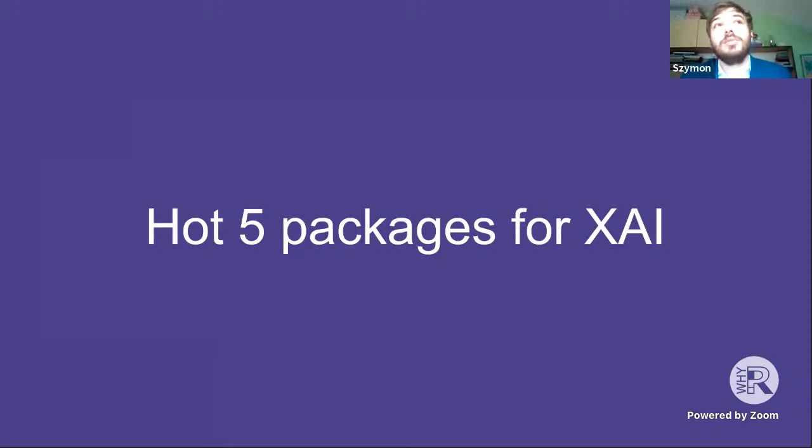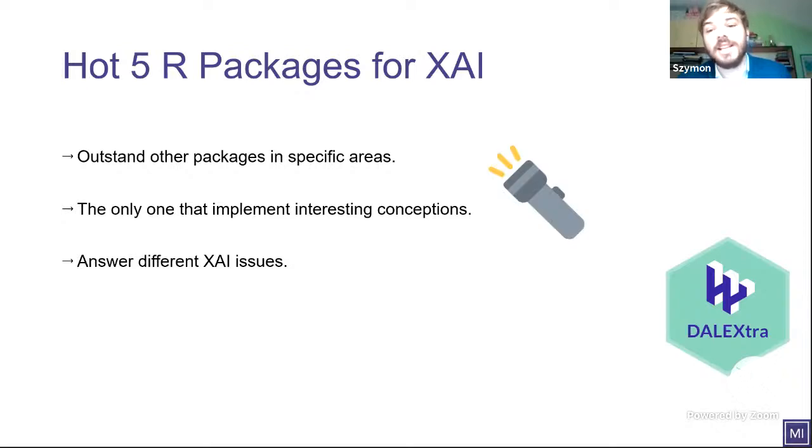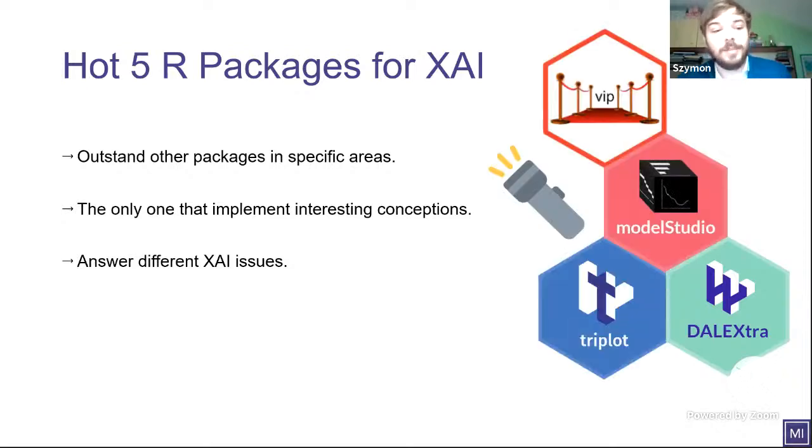And by hot, we mean that they either stand out from other packages in specific areas, so they perform things that no other package can do better, or they implement new things that were never seen before in R, new conceptions for XAI in R, or a third category is that they answer XAI issues that are important for that field of science. And today we are going to talk about 5 packages, which are DALEXtra, flashlight, modelStudio, triplot, and vip.